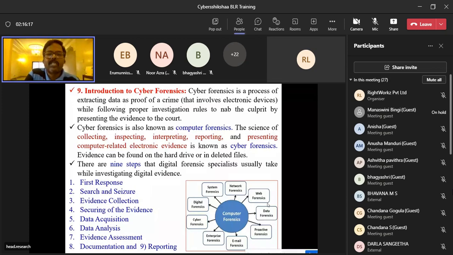Evidence can be found on the hard drive or in deleted files. There are nine steps that a digital forensic specialist usually takes while investigating digital evidence: first response, search and seizure, evidence collection, securing of the evidence, data acquisition, data analysis, evidence assessment, documentation and report. So these are the computer forensics.